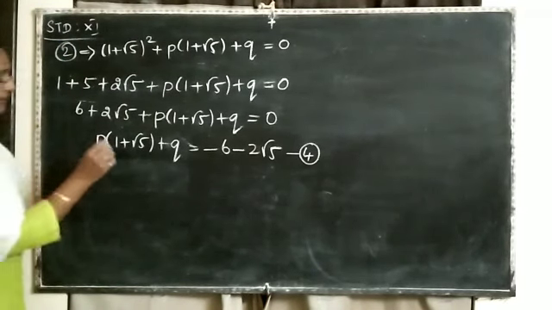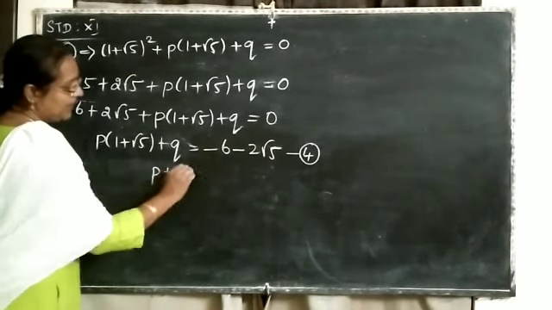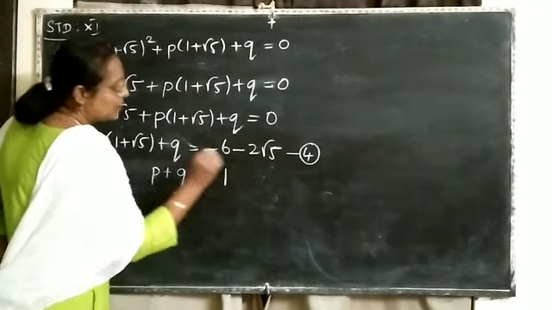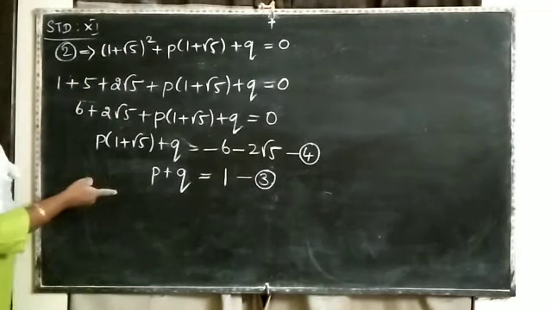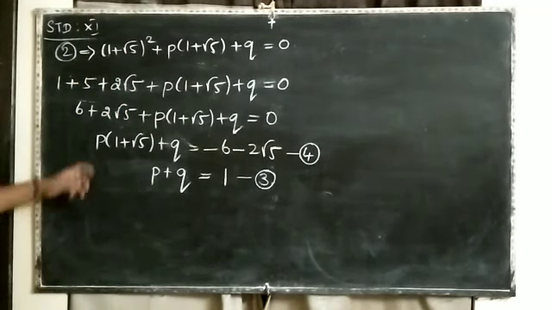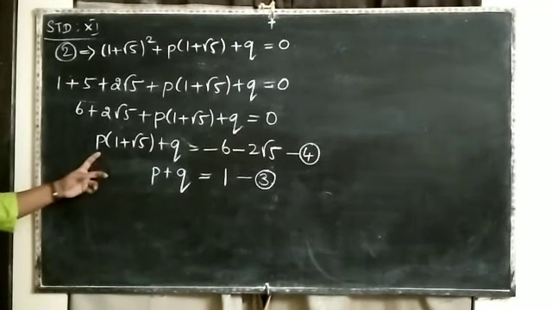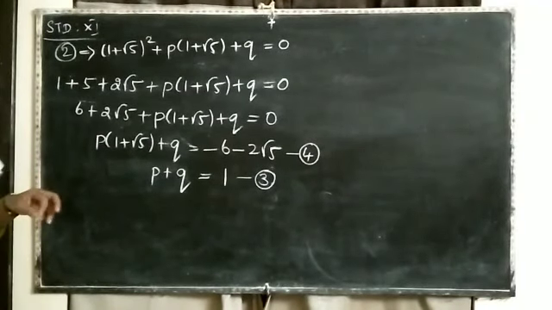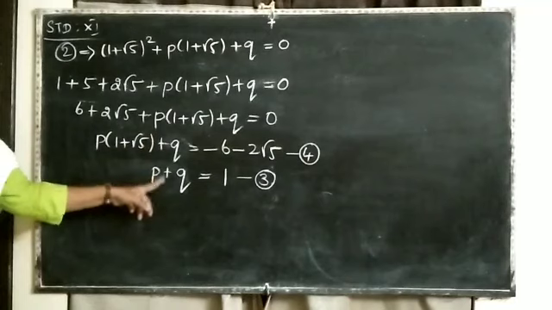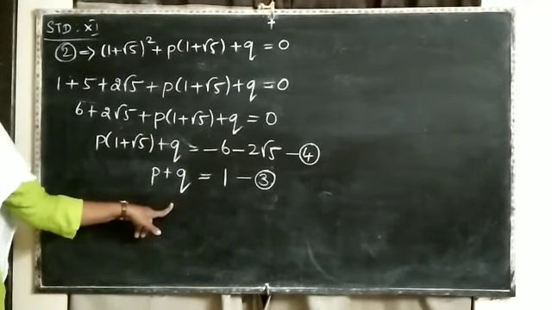Already we have the third equation, p plus q is equal to 1. Already we have discussed this. Now we are going to solve and find the values of p and q in order to form the quadratic polynomial. We are going to use the elimination method to solve this.